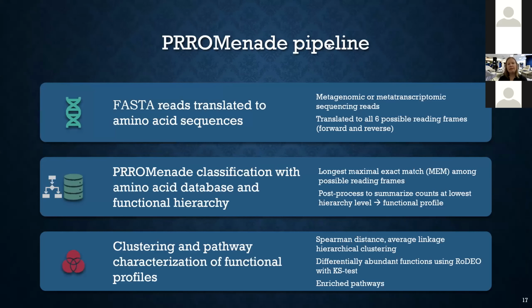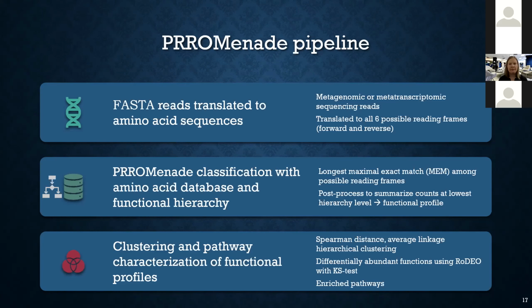So in our pipeline, reads are translated to amino acids. So you get 6 possible reading frames, so 3 possible codon starting points, both forward and reverse. And then Promenade classification can be done with the amino acid database and functional hierarchy like we've done here, or it could be nucleotide and taxonomic hierarchy, or any combination of those.